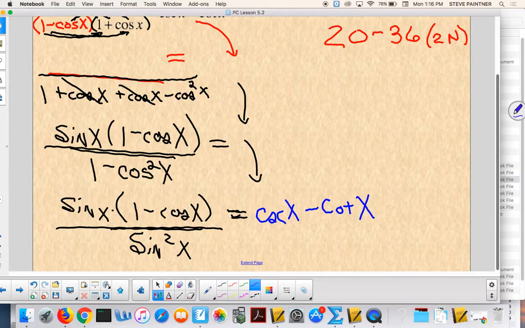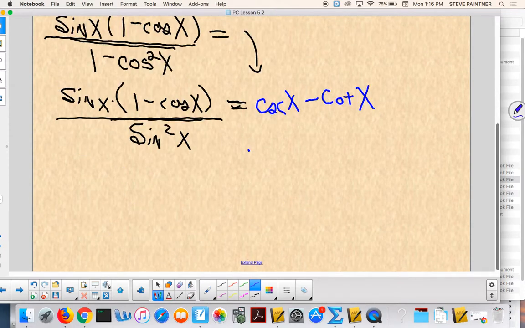Okay, what should I do? Cosecant is the same as 1 over sine. Oh, you're jumping to the other side? Yeah. So you want me to change that to 1 over sine, right? And that to what? Cosine over sine. Just cross out sine on top.